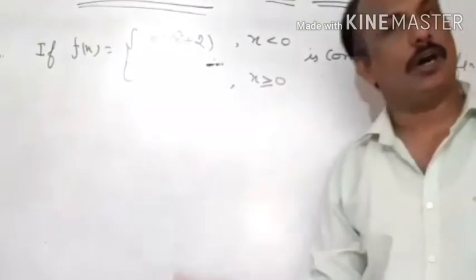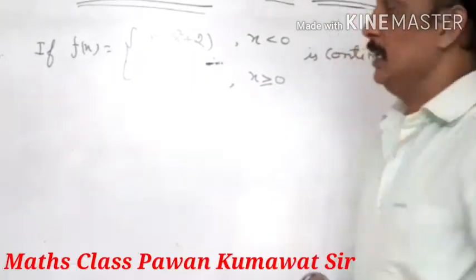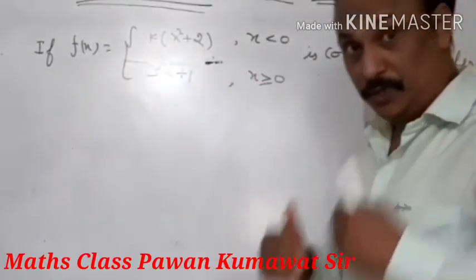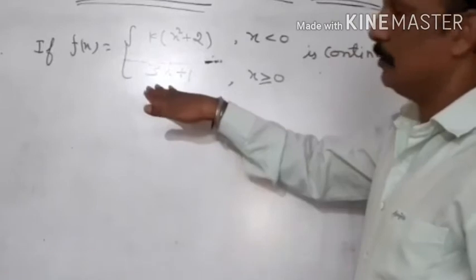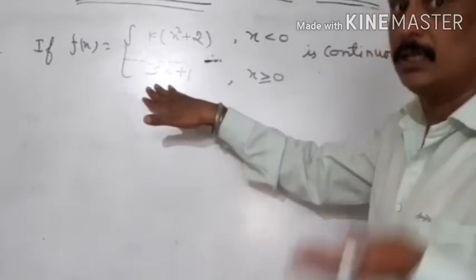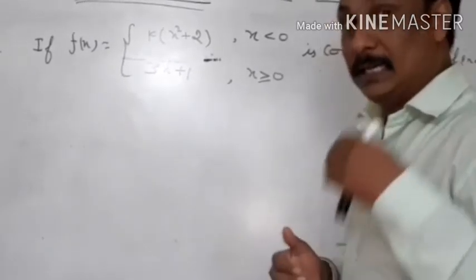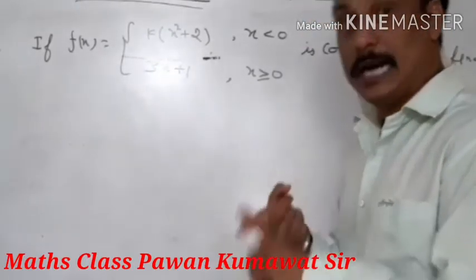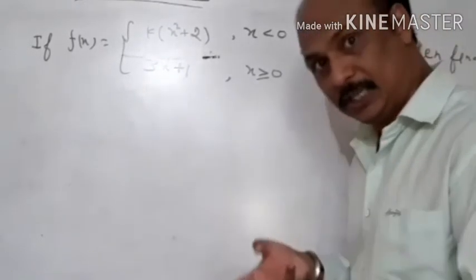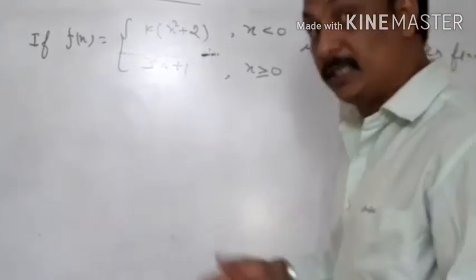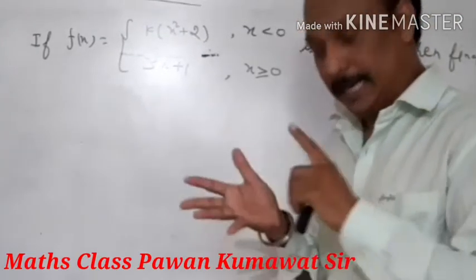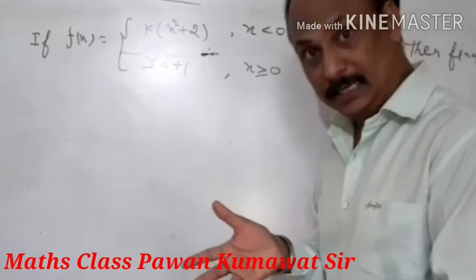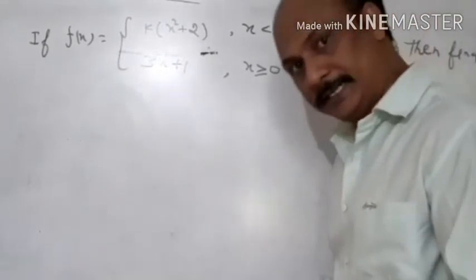Here k is an arbitrary constant. Now we all know that if a given function is continuous, we calculate the values of LHL, RHL and the value at the point, and we should equate these values.